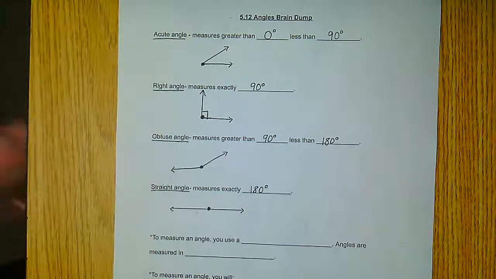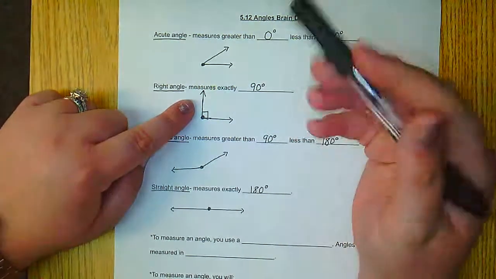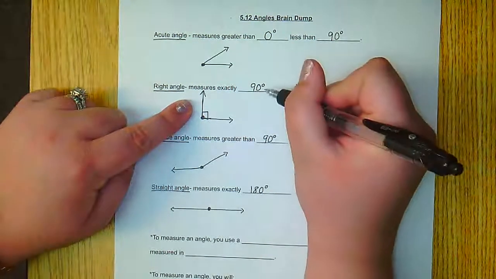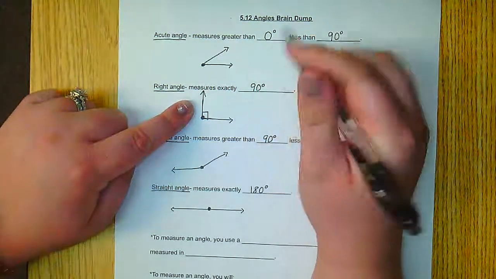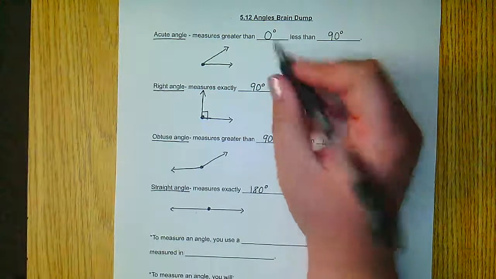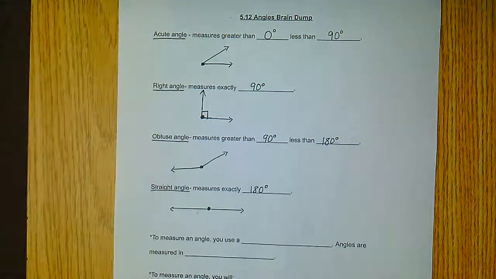And I have an angle that is exactly 180 degrees. This is also, if we look at a right angle, if I put two right angles together, I would get a straight angle because 90 plus 90 is 180 degrees.